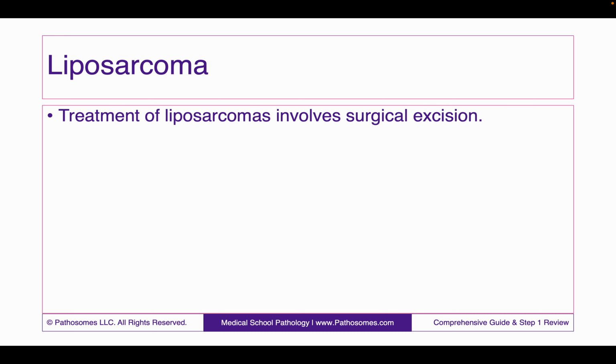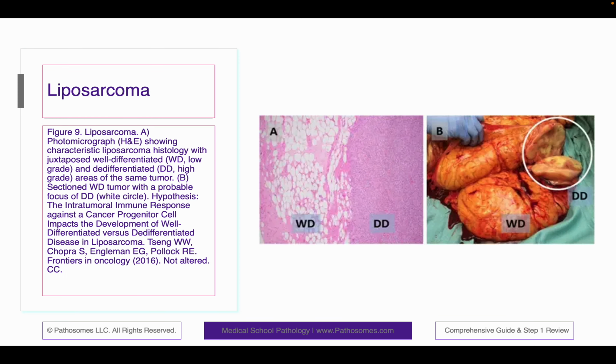Treatment of liposarcomas involves surgical excision. Now here we have a photomicrograph showing characteristic liposarcoma histology with juxtaposed well-differentiated and dedifferentiated areas of the same tumor.